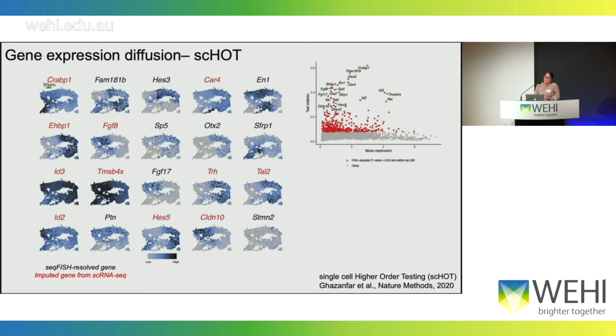This is a non-parametric test for differences in gene expression variation, or gene expression correlation, across a trajectory or across a space in general. We found that we could identify particular genes that have these potentially non-linear patterns that explain different regions of expression.